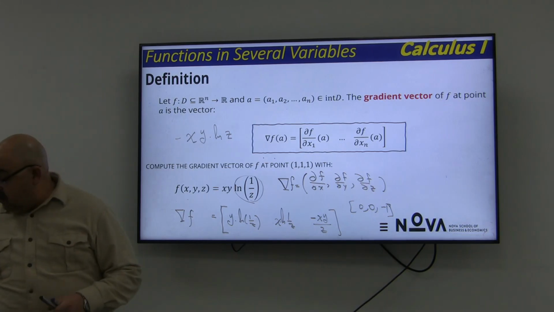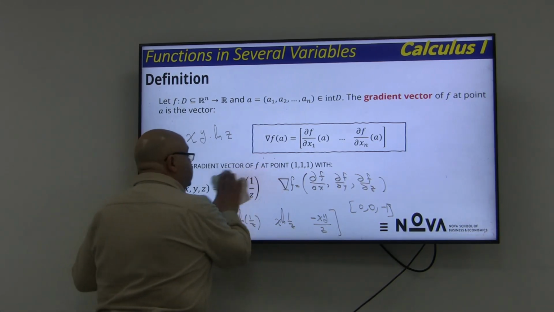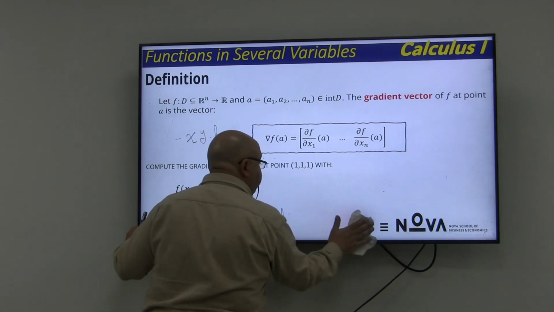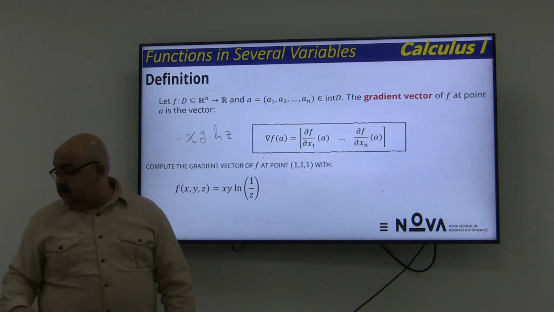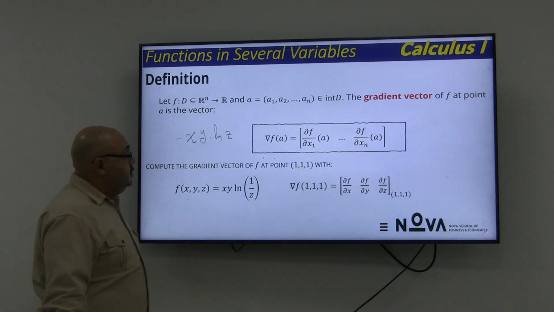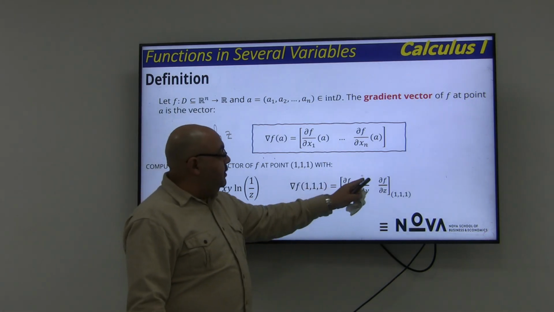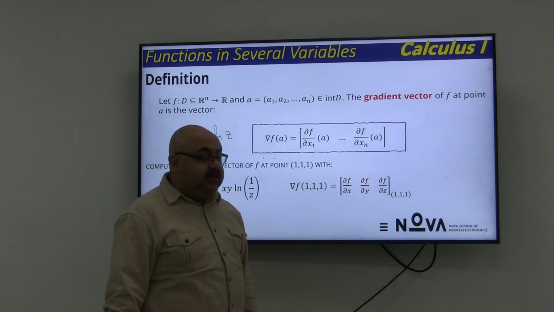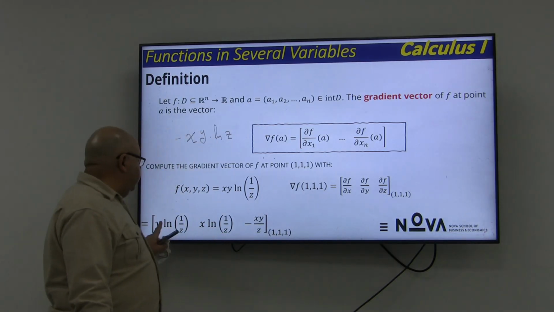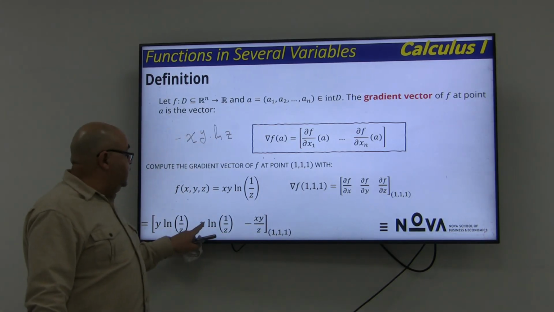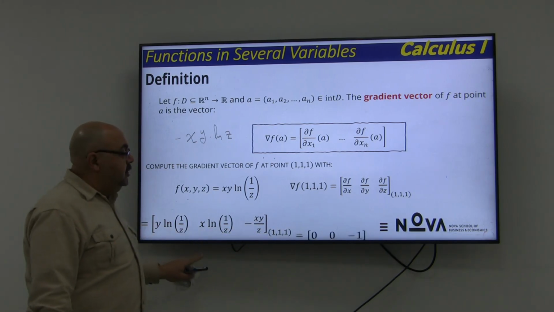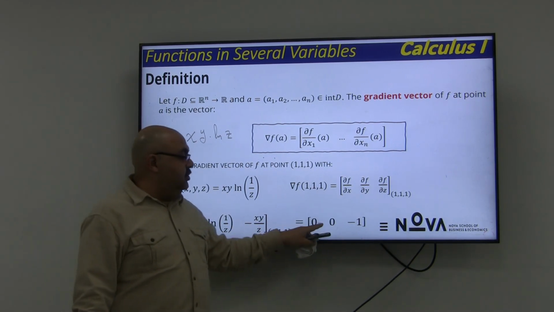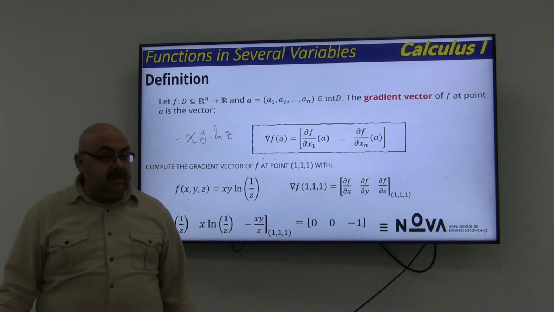So as I told you, it's really very simple to find the gradient vector of this function. Look: partial f partial x, partial f partial y, partial f partial z at the triple one. That's the derivative: y times ln 1 over z, x times ln 1 over z, minus xy over z. Then substitute instead of x, y, and z, and you will have 0, 0, and negative 1.